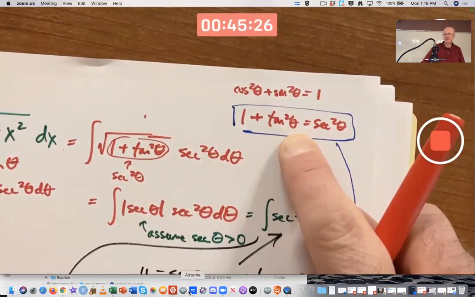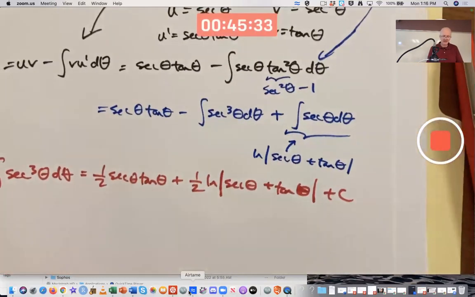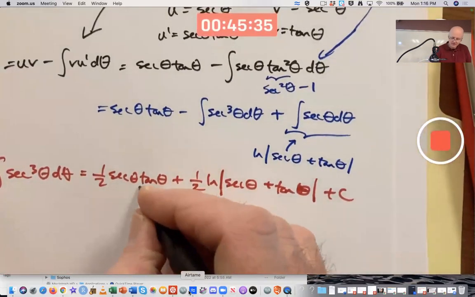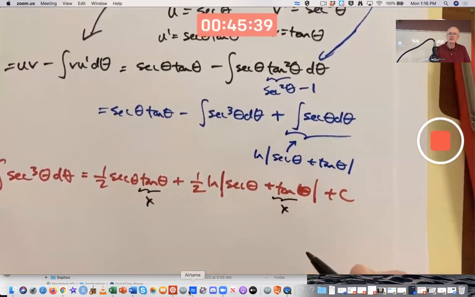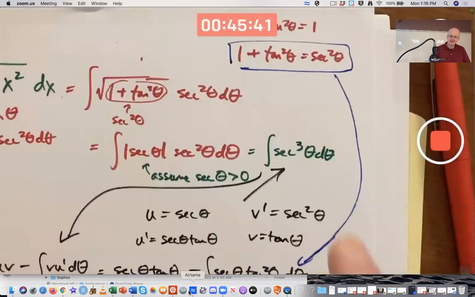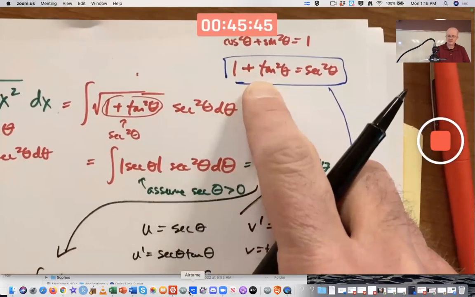And yeah, you can take the positive square root, that's fine. Replace any tangent theta with just x. Replace any secant thetas with square root of 1 plus x squared.